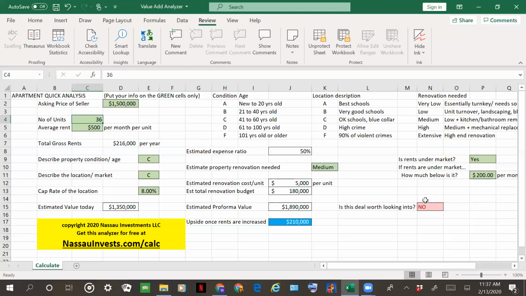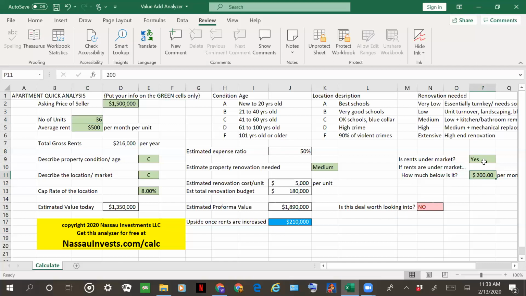So this is how you use the value add quick deal analyzer, because this tool will save you a lot of time and effort, so that you only do a deeper dive into deals where, if this says yes, then the deal is worth looking into.